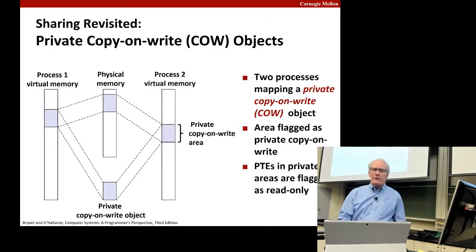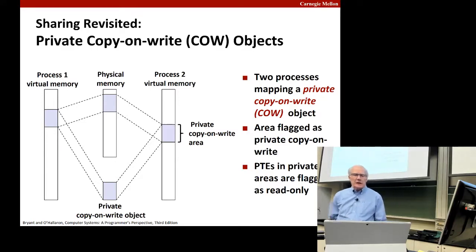One of the other clever things that they do in operating systems, including Linux, is use a trick called copy on write. That's the case where you want to have a block that is private, but also potentially writable. It's both readable and writable.